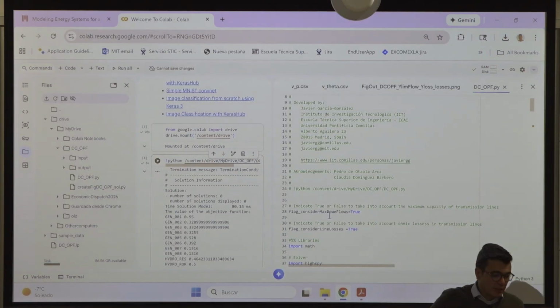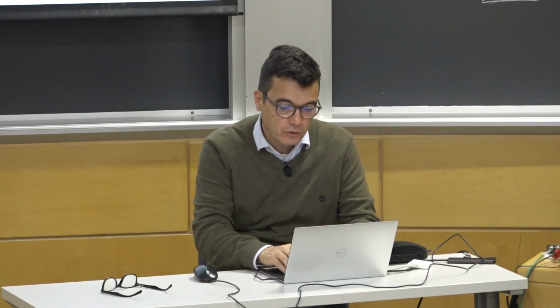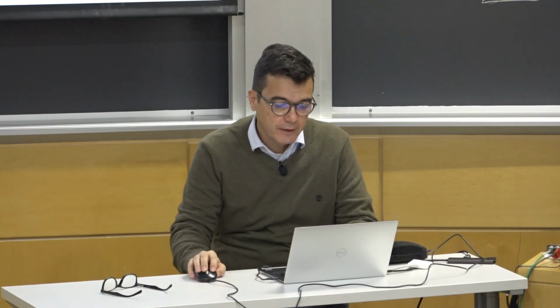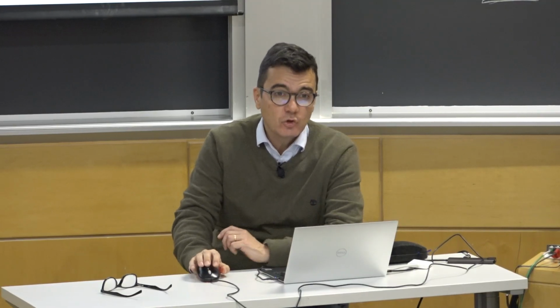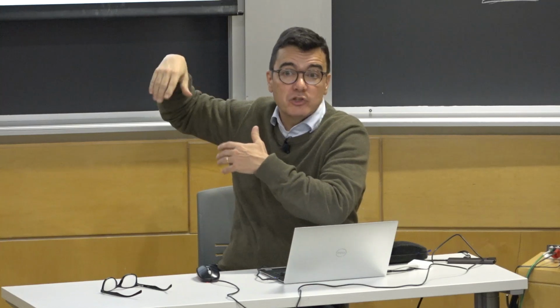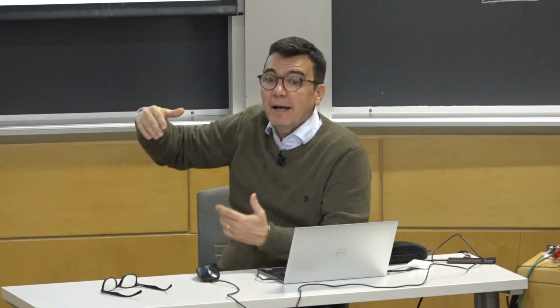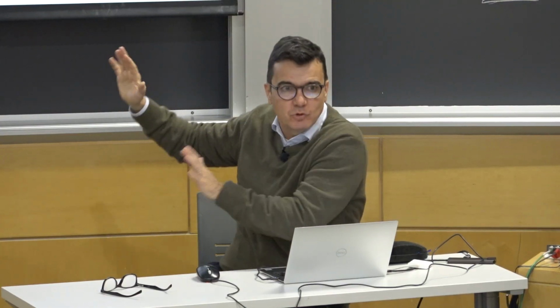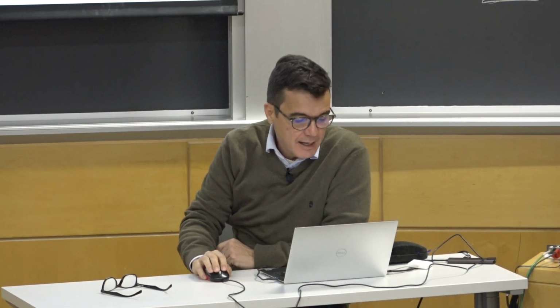Just changing here, instead of true, let's put it false. Okay? So now I'm going to consider losses, but not the limits of the flow. So the resulting solution might be infeasible, but just to do the experiment. Let's see what happens. I'm going to run it.